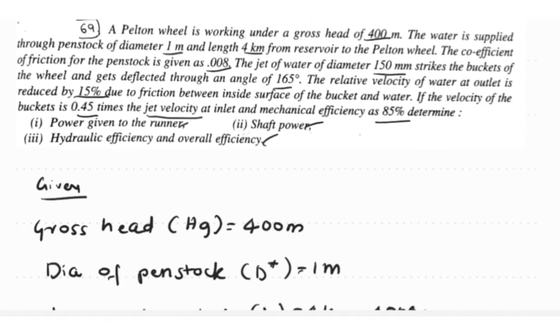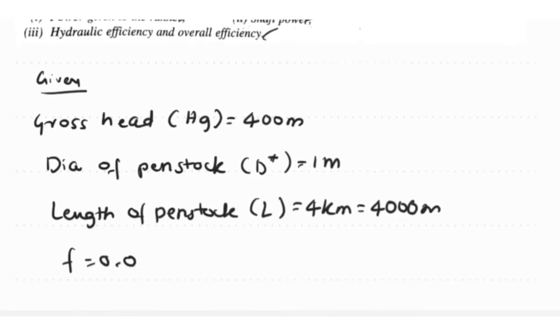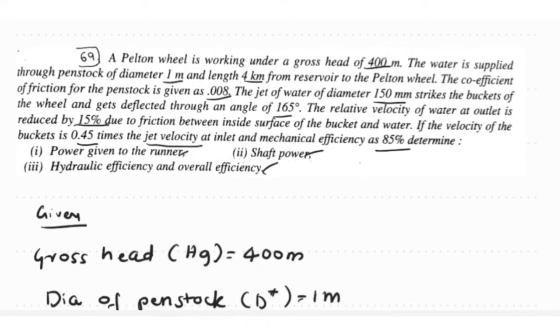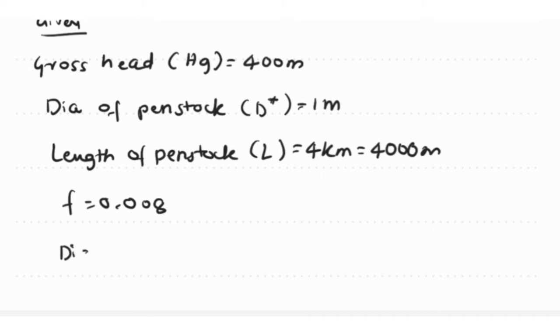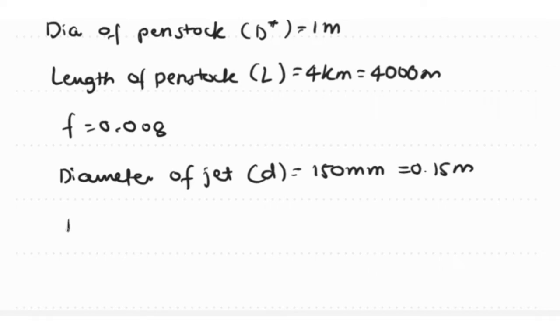And in the question the coefficient of friction is given, so f is given as 0.008, and diameter of jet is given, diameter of jet d is equal to 150 mm, so that is equal to 0.15 meter, and deflection angle is given, so that is 165 degree.